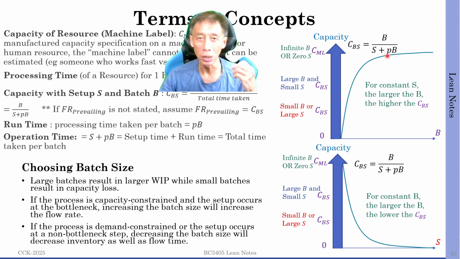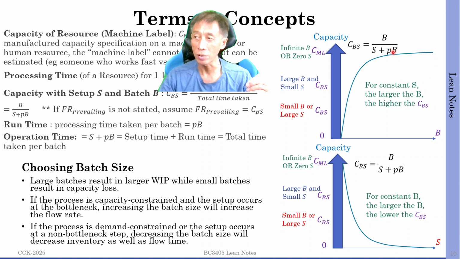So no matter what, we are going to spend the fixed cost of S minutes, the fixed cost in terms of minutes, not dollars, but minutes. Whether we use 1 per batch or 10 per batch, we will still have to spend the fixed cost.